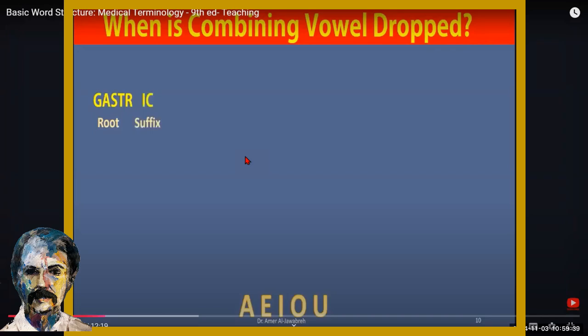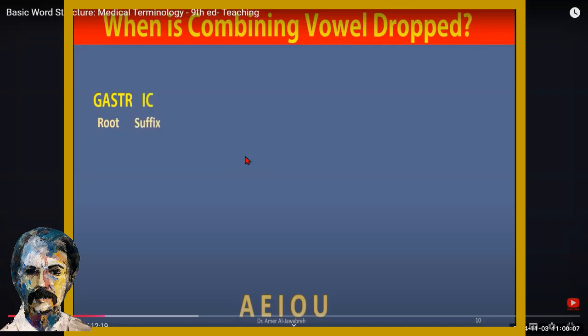We have 7 to 8 suffixes, like ic, ac, ar, la, all of them. These 7 to 8 have the same meaning, which is related to or pertaining to. It's an adjective. When you add ic, it becomes an adjective, and it means pertaining to or related to gastro.